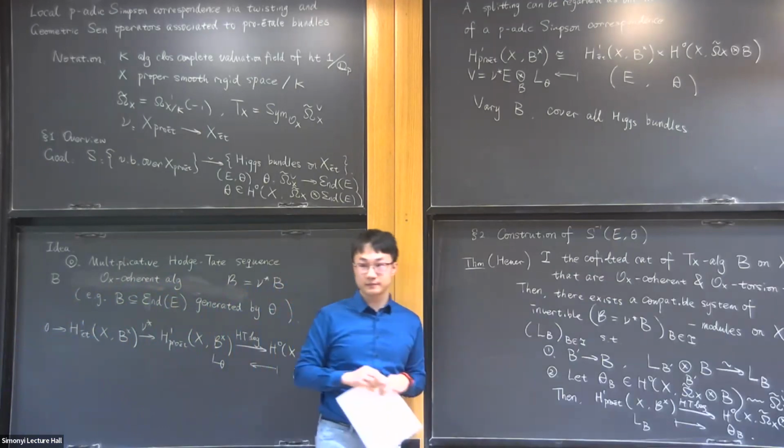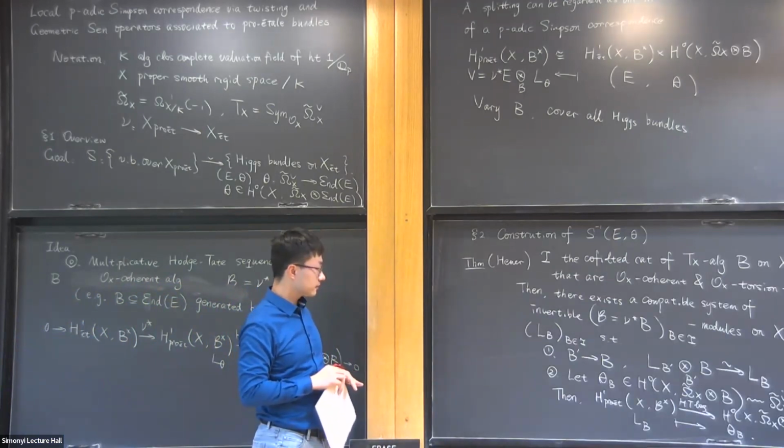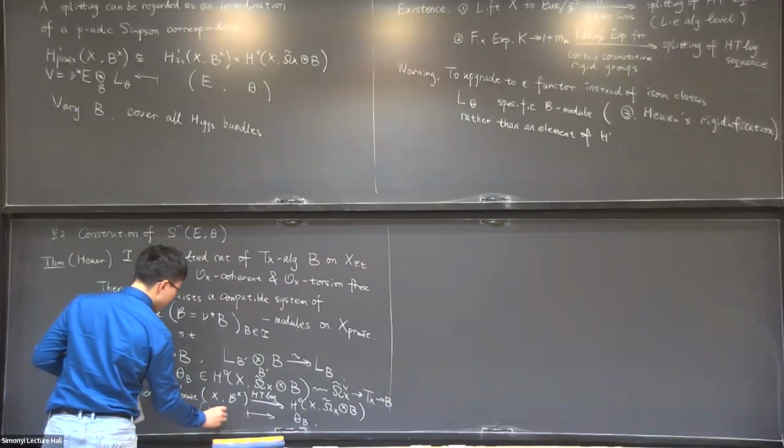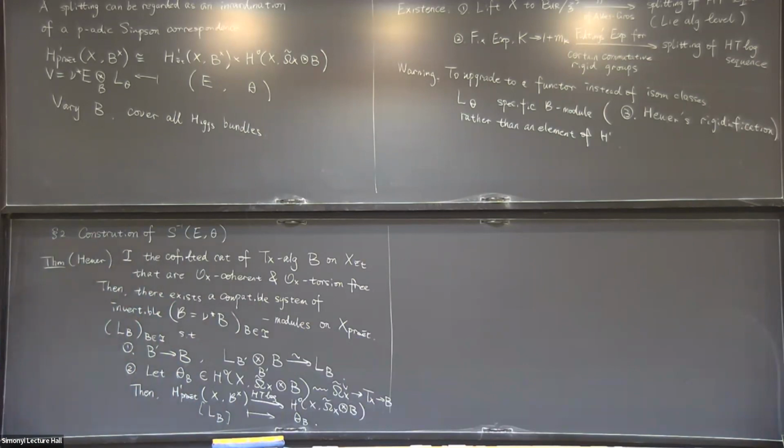This last thing, you are sending LB to theta B. Yes, the isomorphism class of LB to theta B. Is LB fixed? I mean, there exists such a compatible system satisfying the two conditions. But what's the quantifier here? Don't you have to fix theta B first in order for this to have a chance?